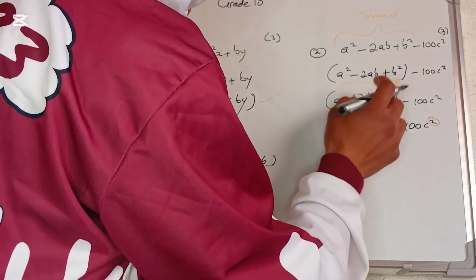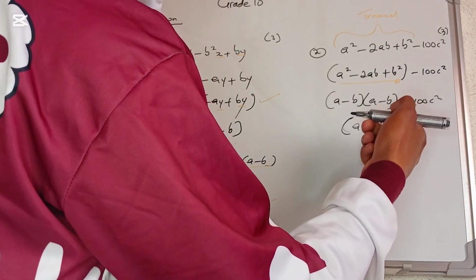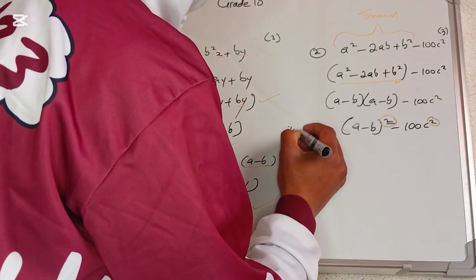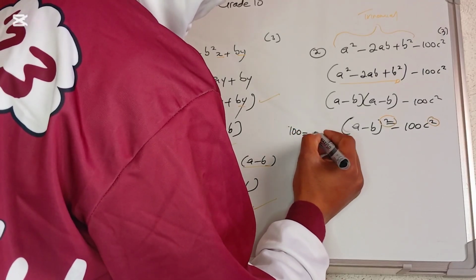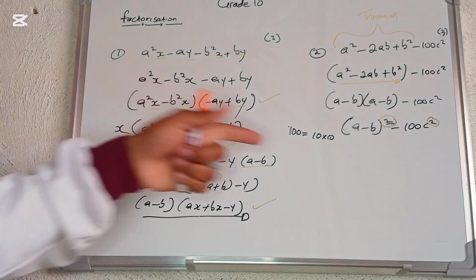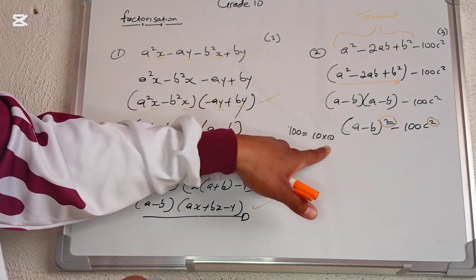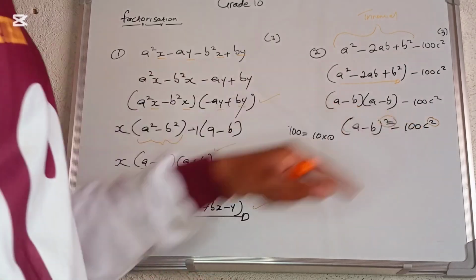A minus b, as shown here. And the factors that we multiply, you get 100. It's 100 equals 10 times 10. 10 times 10 is 100. So these are the numbers that we're going to use, that when we multiply, we're going to get 100.